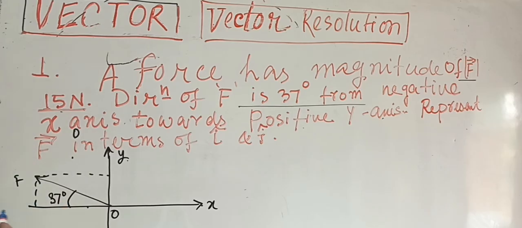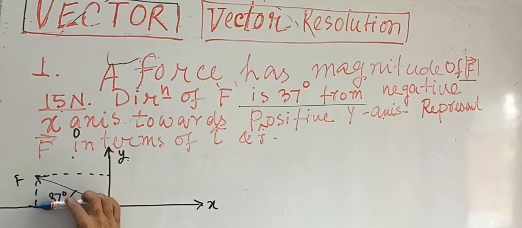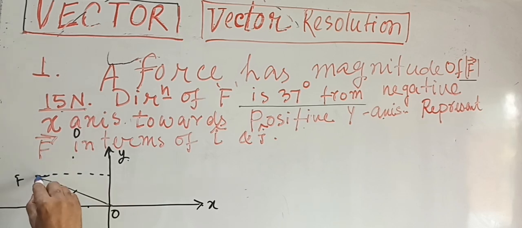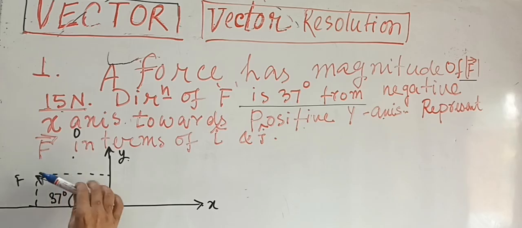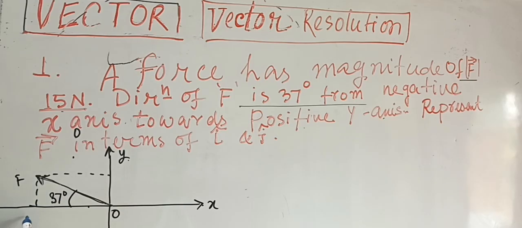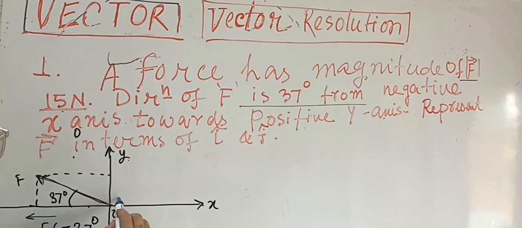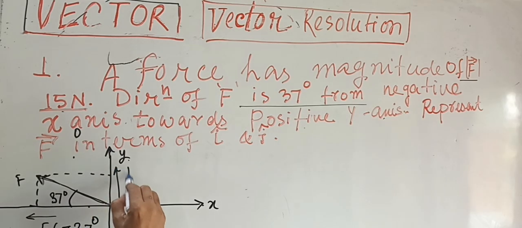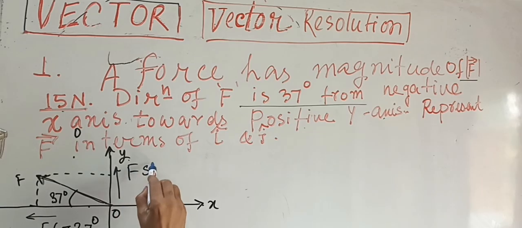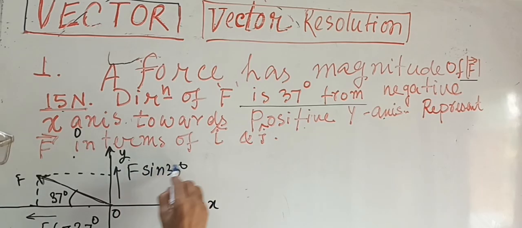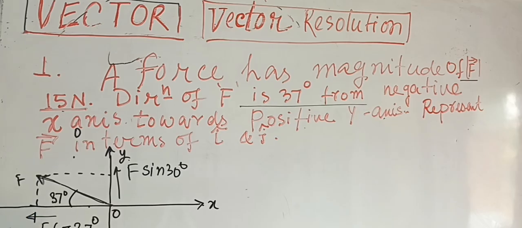Now component of F, if I resolve the force, this is actually the arrow, direction of force, it is resolved along the negative x-axis. It gives F cos 37 and this gives F sin 37. Here it is very clear.